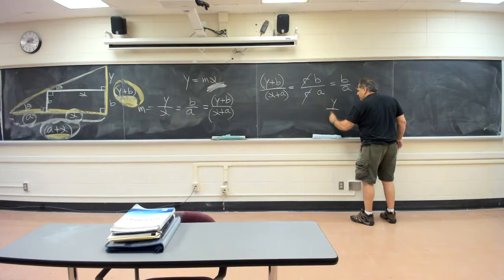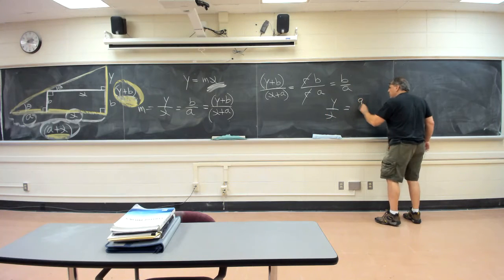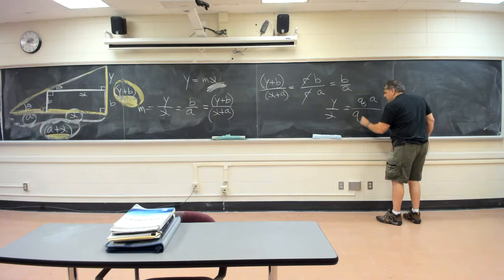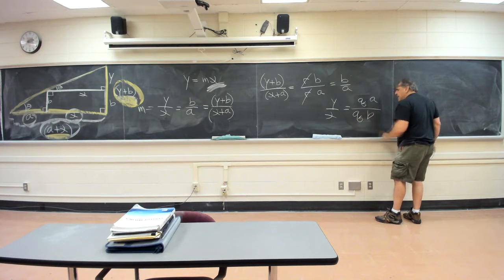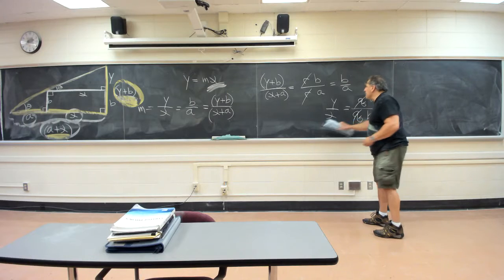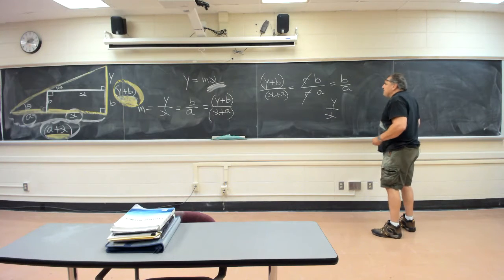There's some y over x, and it's equal to some, I don't know, some q times a, and the same q times b. And when you do them, forgive me, it's equal to something like this.